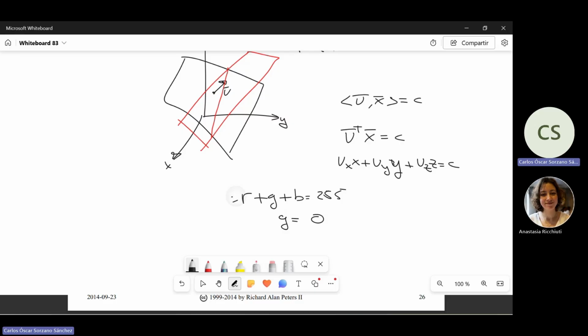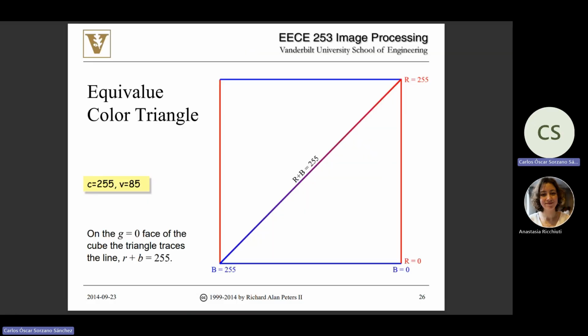And we said that this is a plane because this is (1, 1, 1) times (R, G, B) equals 255. And this one is (0, 1, 0) times (R, G, B) equals 0. So we have the intersection of two planes, and the intersection of planes has to be a line. Which line? This one. This is the equation of the line, right? This is the line R plus B equals 255.